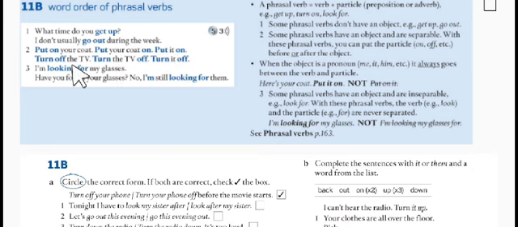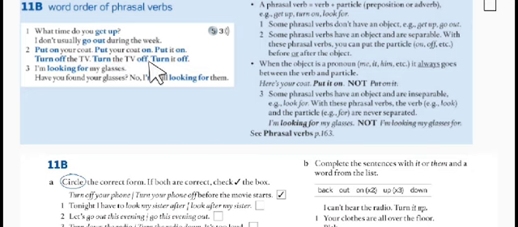Okay, turn off the TV. It's the correct one. Turn the TV off. It's also correct. We can use turn off, turn on, in a separate way or in a completely unit form.